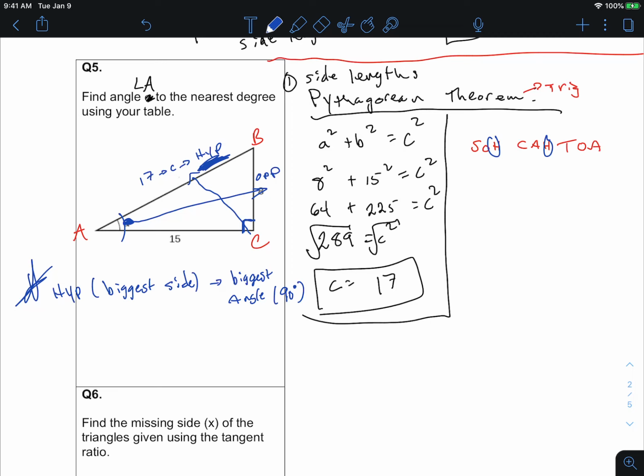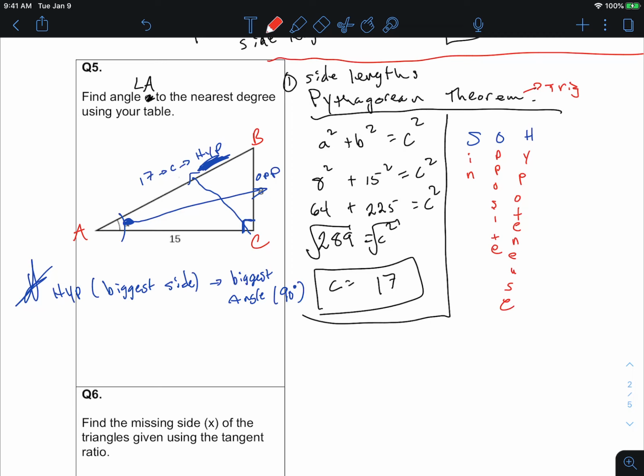Here, let me rewrite SOH CAH TOA. S is for sine, O is opposite.